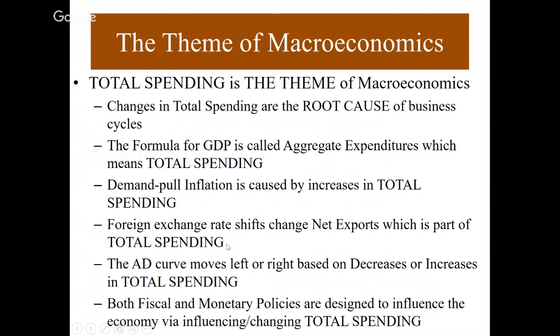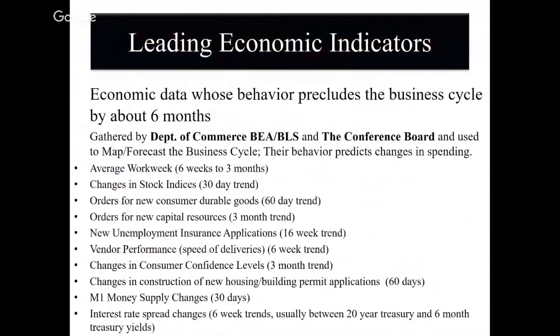Foreign exchange rates for currencies shift net export spending, which is part of total spending. And the aggregate demand curve, which we'll learn about in Unit 2, shifts left or right based upon either decreases or increases in total spending. And in Unit 3, the two types of macro policy we'll learn about, fiscal policy and monetary policy, are both designed to influence total spending. That is the theme of macro. So predict total spending, and then you predict the business cycle.